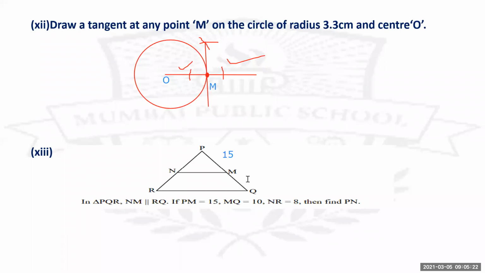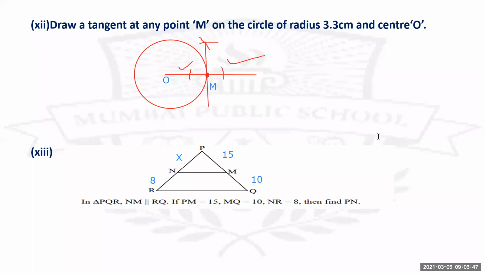I'm waiting for your answer. You'll assume PN to be X. Which property are you going to apply?